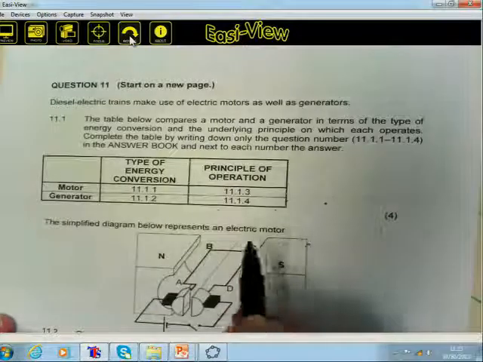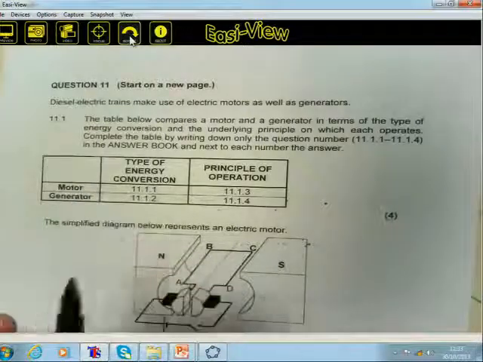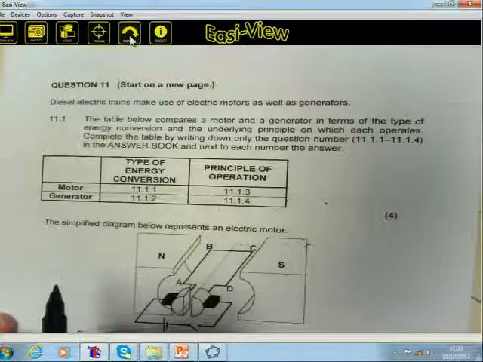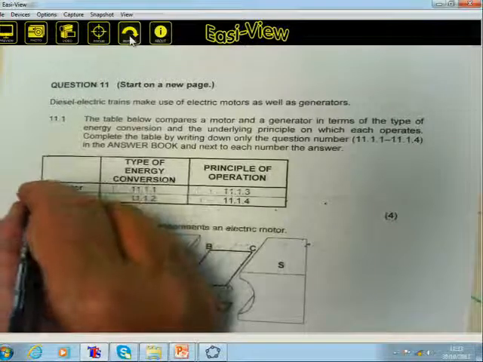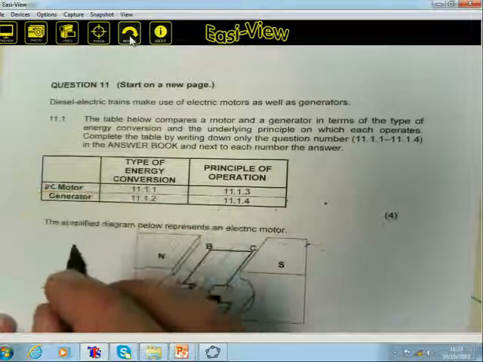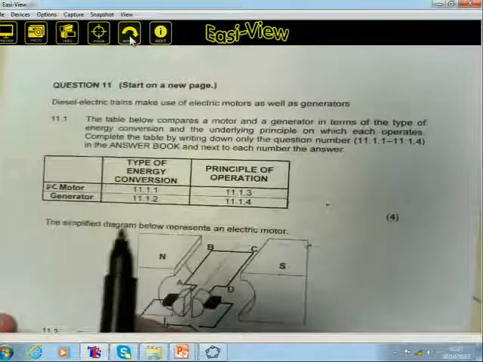Complete the table. Now the motor, and remember, the only type of motor we do now is the direct current motor, just for interest's sake, and generators we can use both AC or DC.